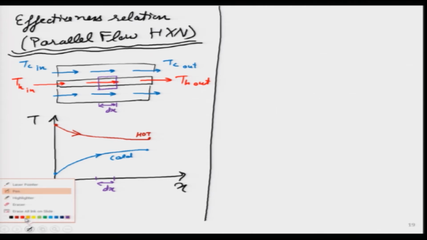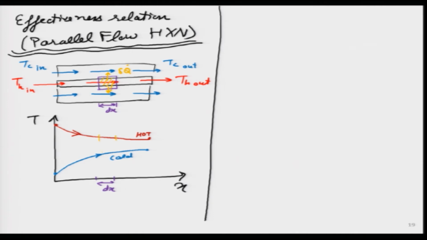Now, if I use the orange ink over here, this is the differential element that I am interested in. I can clearly write that some sort of heat is coming out from this, which is going from the red fluid to the blue fluid, which means from the hot fluid to the cold fluid. Because it is a small differential element, I can write it as dq dot.